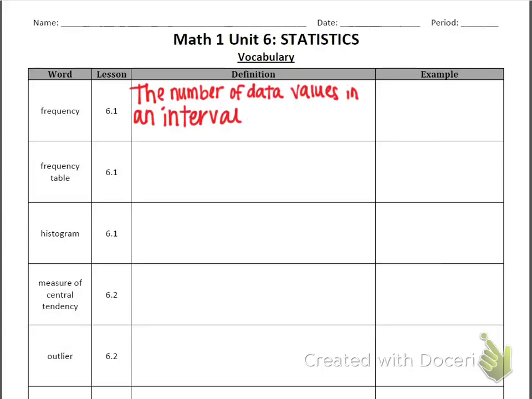Make sense? Okay. We can use frequencies to create a frequency table. So a frequency table is how we represent data when we're talking about the frequency, or how many times that piece of data occurs.